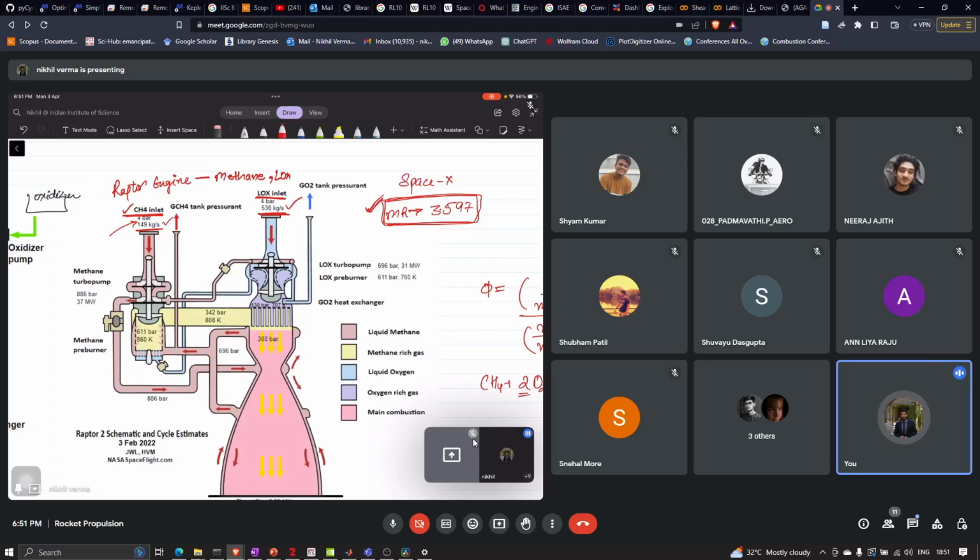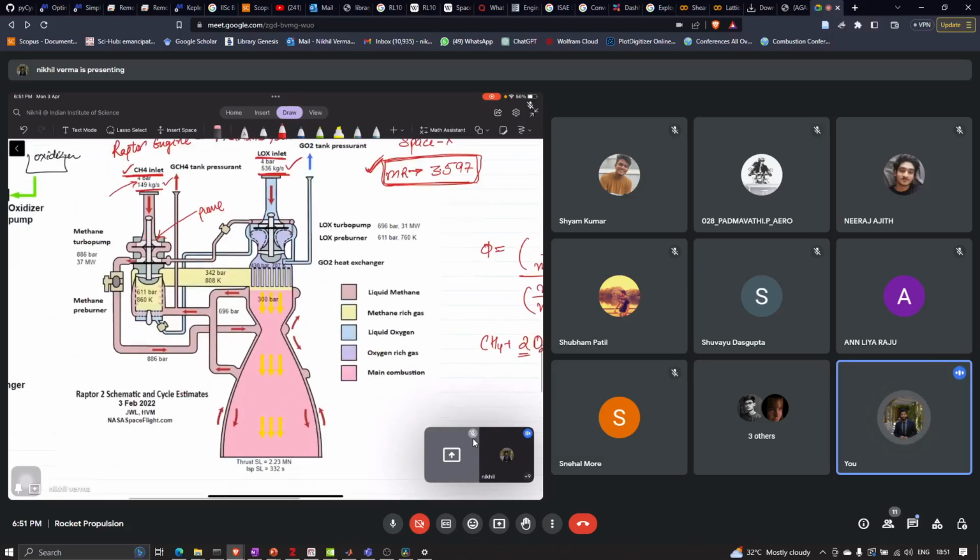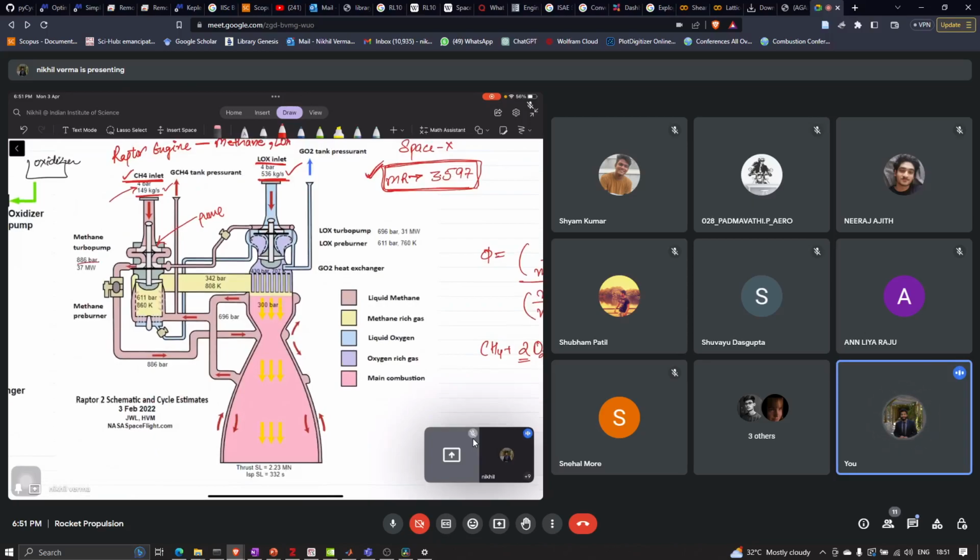Then what happens is, this is the pump which increases the pressure up to 886 bar. This is again fed to the nozzle where it cools the nozzle.